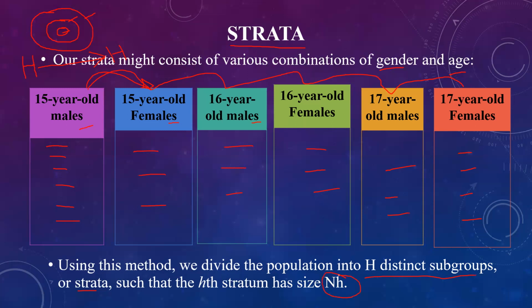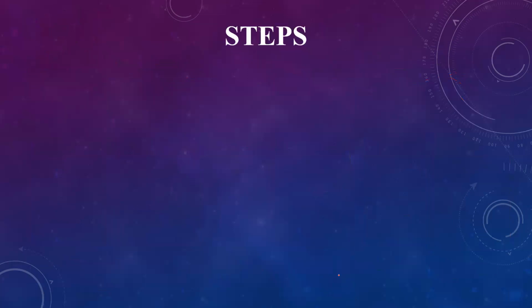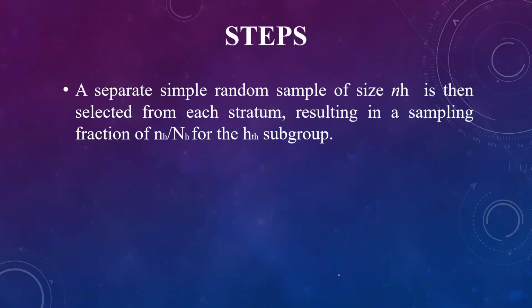For getting this, we can go ahead to the next point, which is the important steps. A separate simple random sample of size n_h is then selected from each stratum, resulting in a sampling fraction of n_h/N_h.